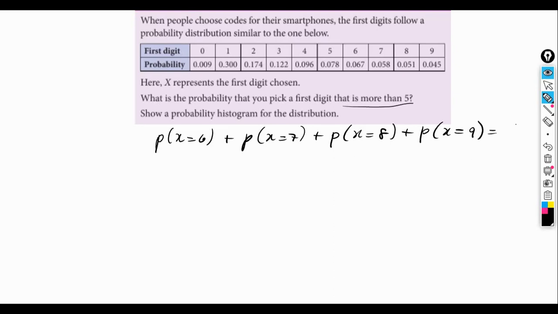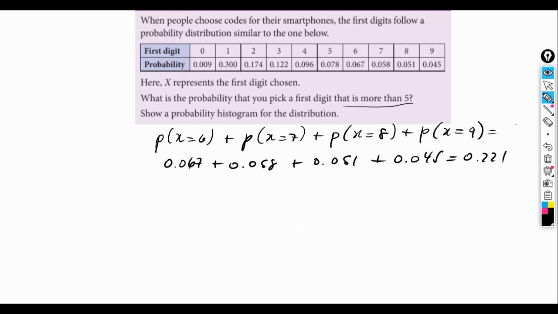So then this is going to be 0.067 plus 0.058 plus 0.051 plus 0.045, and this is going to give us 0.221 or 22.1%. Then it says show a probability histogram for the distribution.